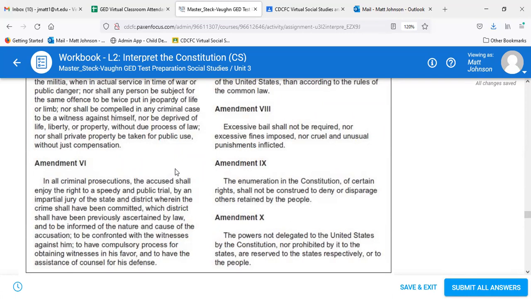So anything that the Constitution has not already prohibited as far as a state's right is also reserved as a right for the states and onto the people. But you see, basically Amendment 5, 6, 7, and 8 all have to do with the accused, with punishment, with incarceration and things of that nature.